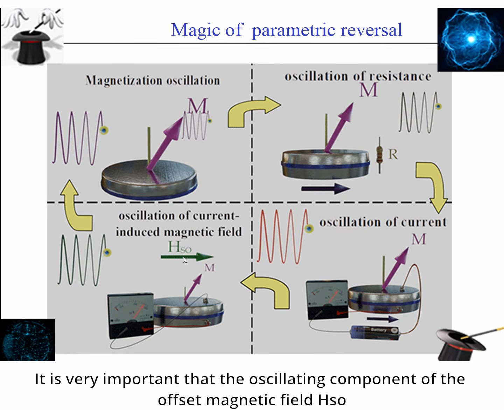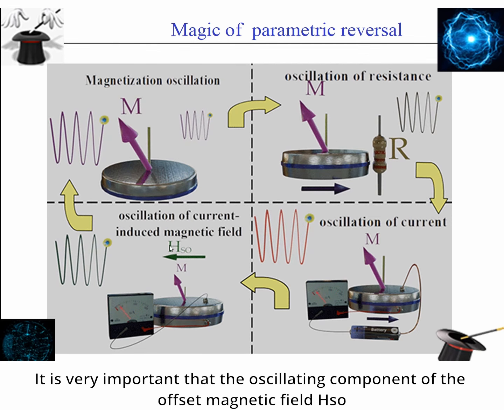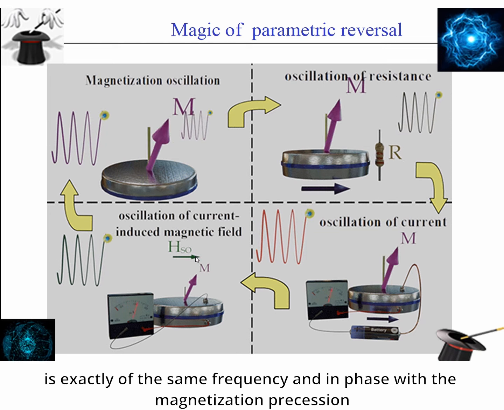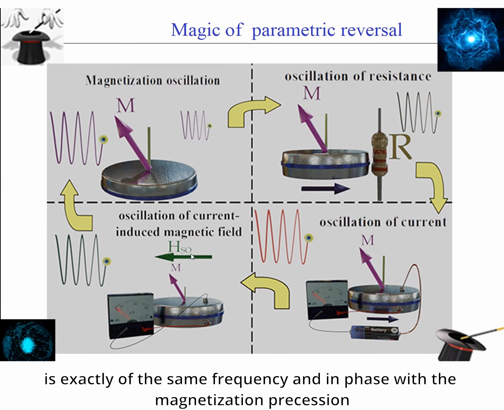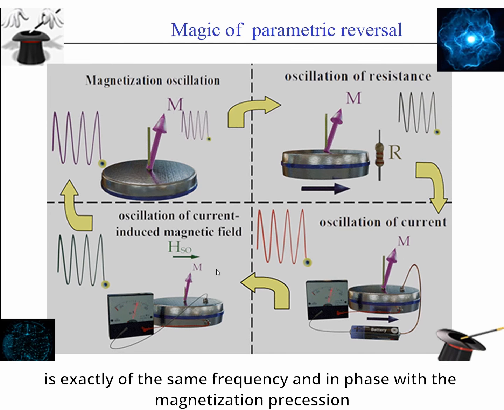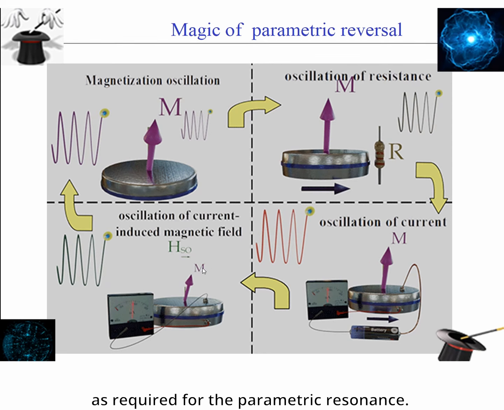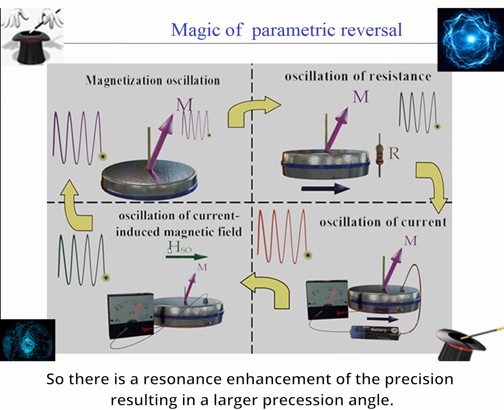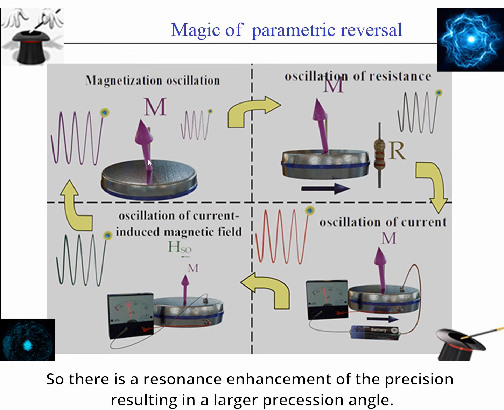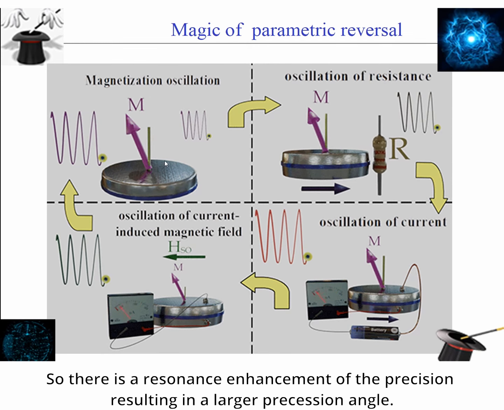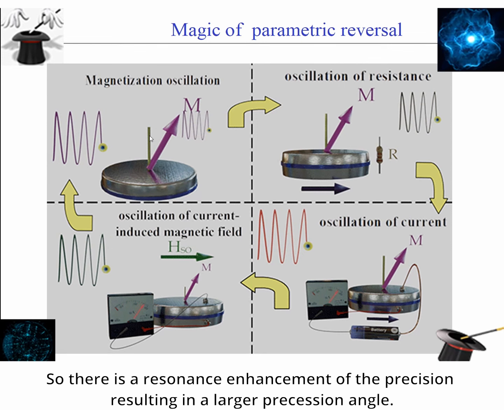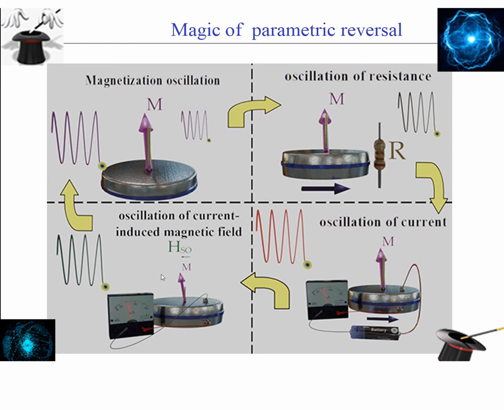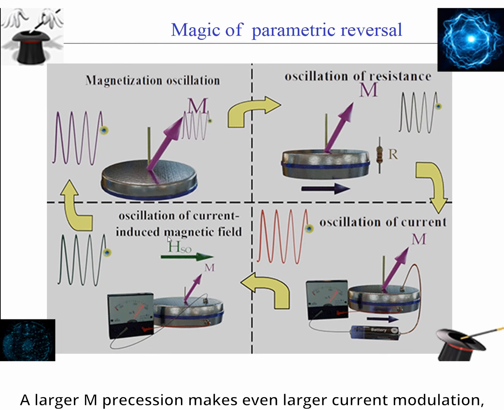It is very important that the oscillating component of the offset magnetic field HCO is exactly of the same frequency and in phase with the magnetization precession, as required for the parametric resonance. So there is a resonant enhancement of the precession, resulting in a larger precession angle. Therefore, the loop is closed, as is shown by yellow arrows.